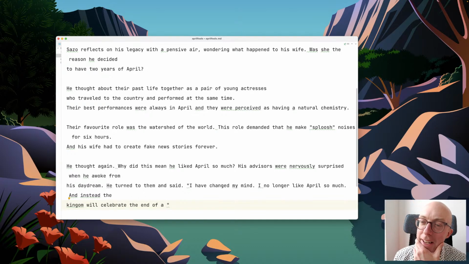I've honestly got no words. I'm staring at a weird octopus, but that doesn't really make sense. I need a random word. Celebrate the end of a river.